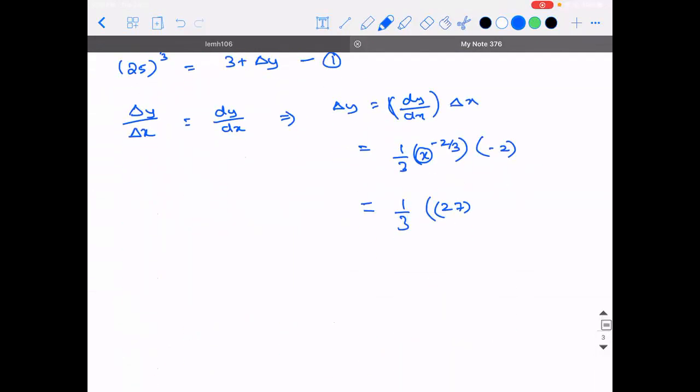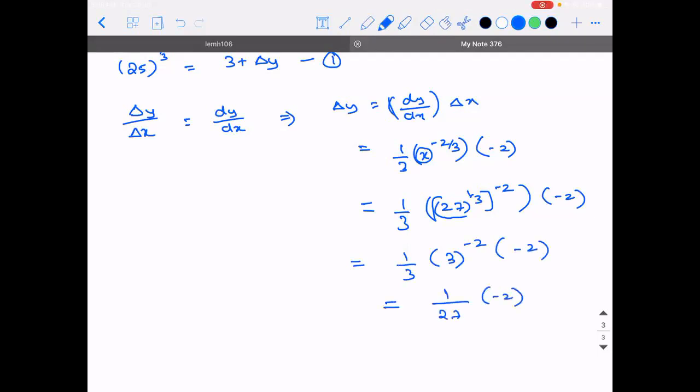So 1 by 3 into 27 power 1 by 3, the whole power minus 2, into minus 2. 27 power 1 by 3 is 3. Right. So 1 by 3 into 3 power minus 2 into minus 2. So 1 by 27 into minus 2. I'll call this delta y.